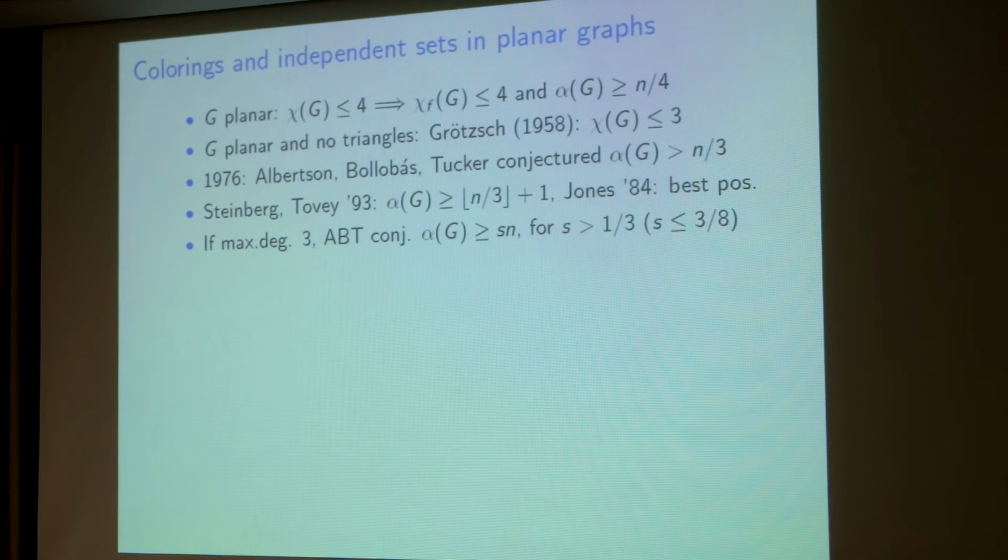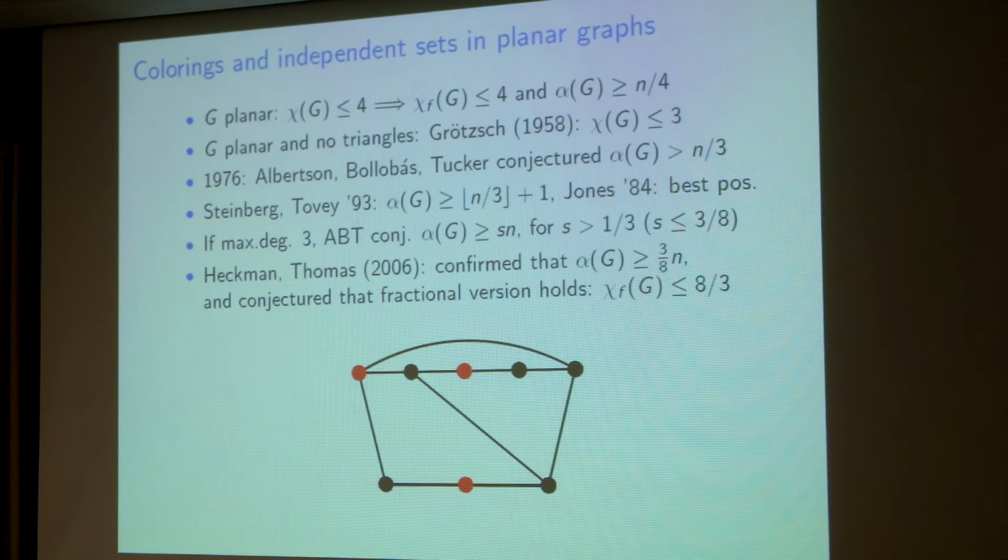You can get an independent set that has a larger proportion, not just a little bit more, not just one more. And this conjecture took a while, but was actually confirmed. And it was known already that the best constant you can hope for is 3/8 in such a statement.